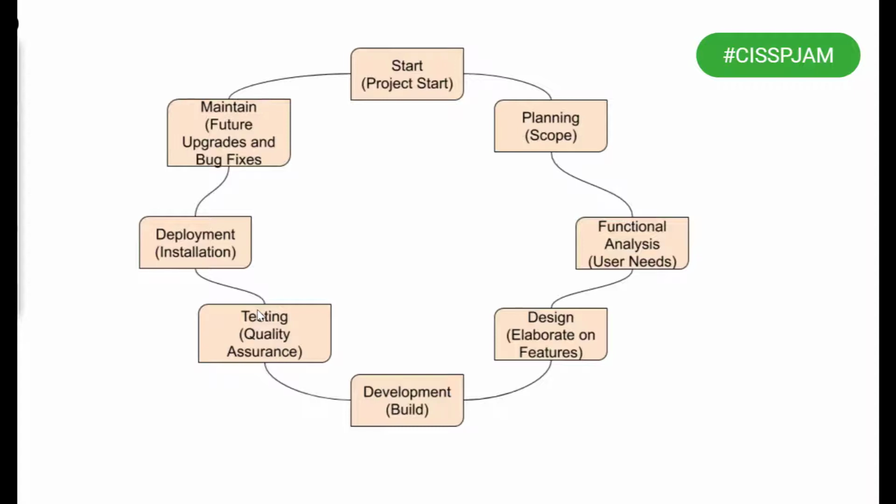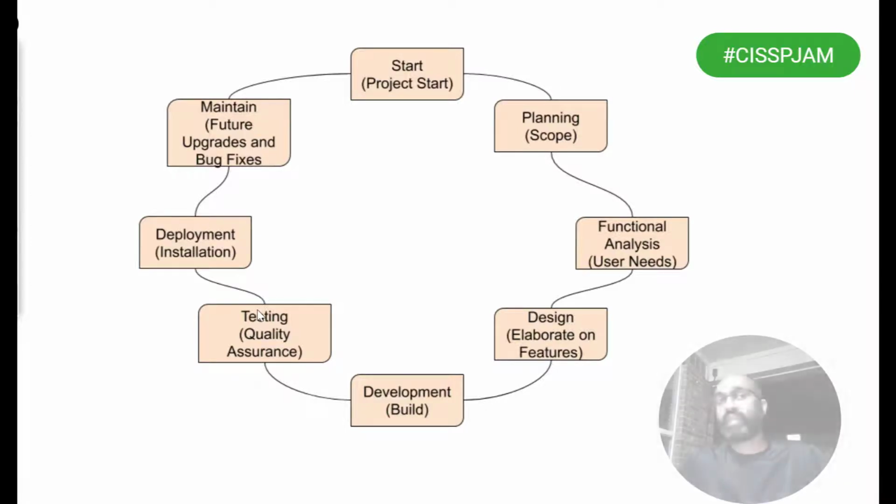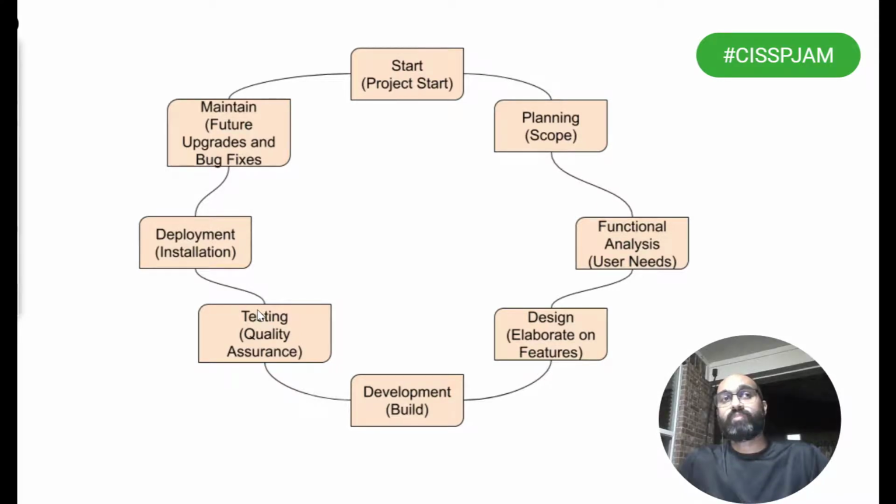Okay, so let's go through these different processes and see if we can figure out the differences between the different phases. So any project, whether you're building a house or you are trying to do something new, you need a set of rules and you need a set of requirements before you start digging a hole on the ground.